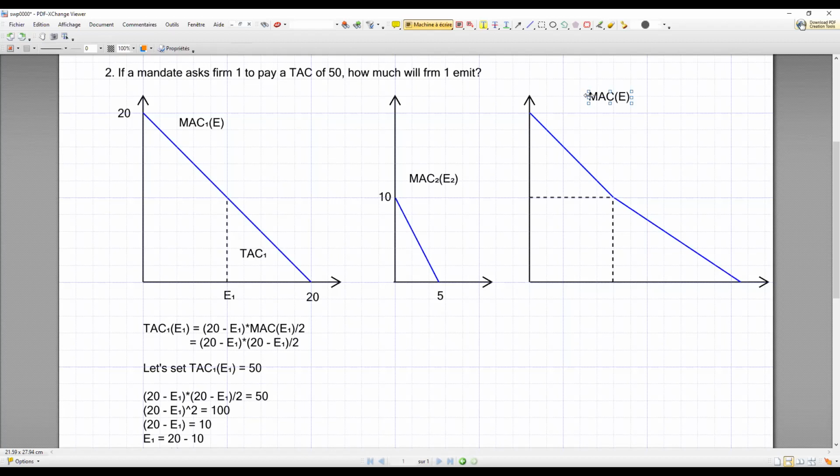I think I'm going to discuss more in the coming weeks. But it is downward sloping because we always assume that it's easy to abate.